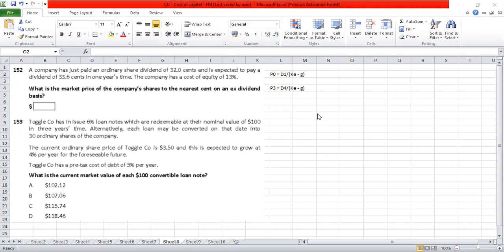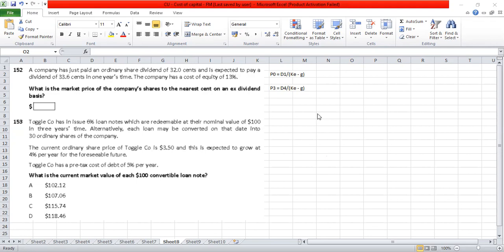So we see that the only thing that would change, because KE and G would be the same even after 3 years, is how the dividend will change. Whatever D1 is as of now, this will keep growing until it becomes D4.